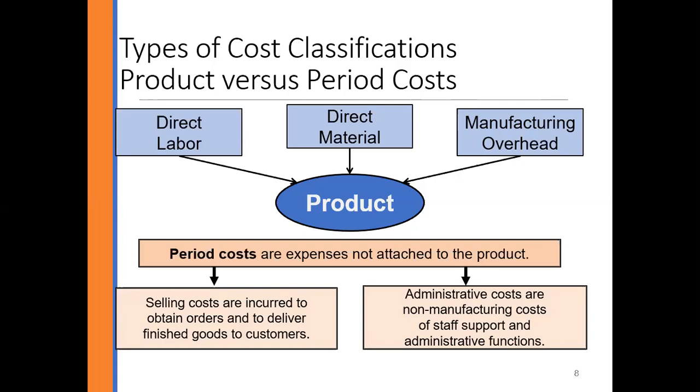And then the period cost. Product costs are those costs related to the production process, so to the factory, to the manufacturing plant, to the assembly plant, whereas period costs are the expenses not attached to the product. So this is where we get into selling, general, and administrative expenses. And we've talked a lot about those.